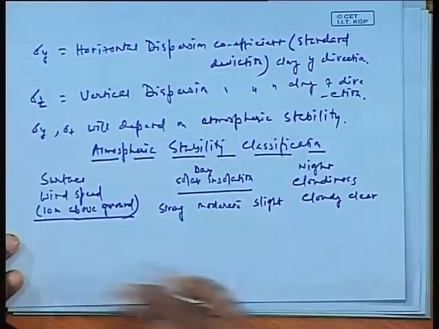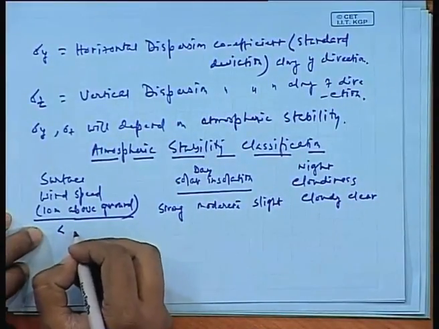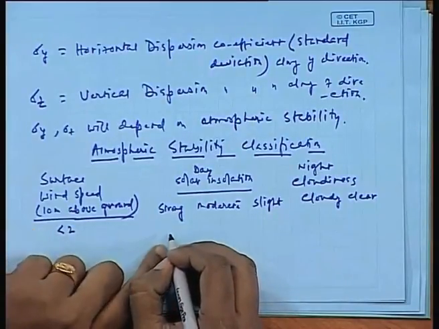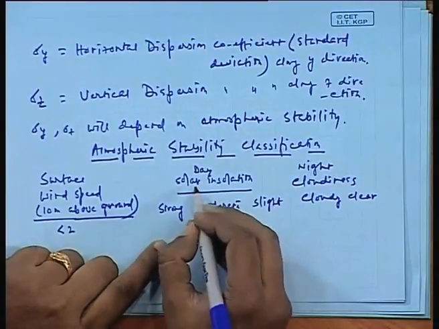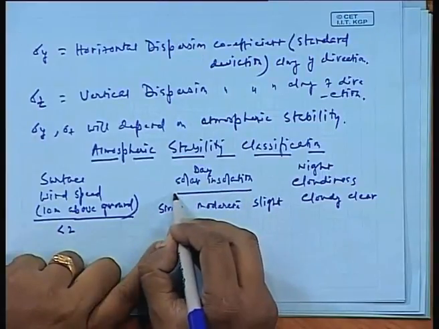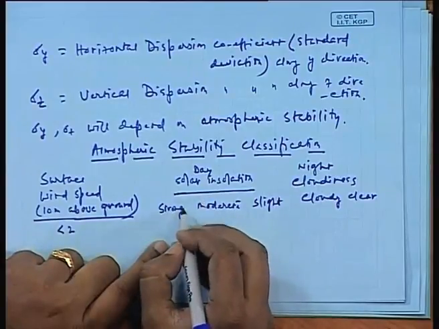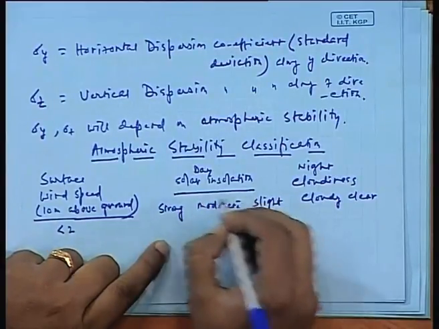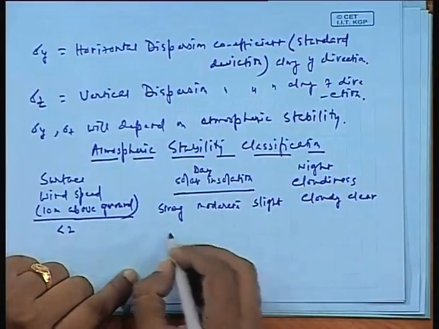So, if you make these distinctions here, this is less than velocity 2, day solar insolation, and this solar insolation is particularly the strong one. The strong one is like this.